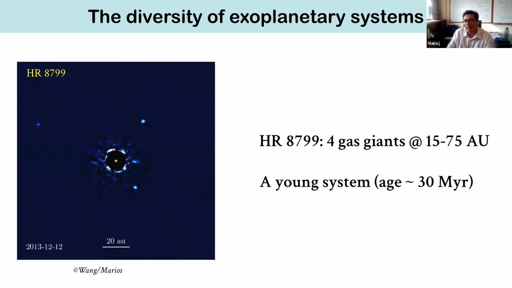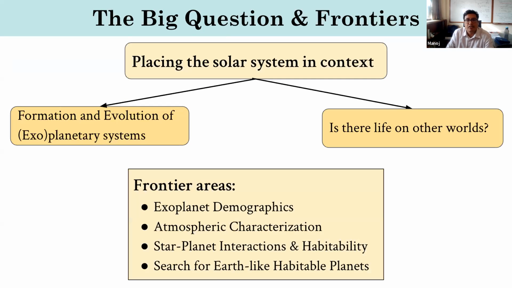So it's quite diverse in terms of planet properties, system architecture, etc. That is what we will see in the demographic study, and I'll highlight some of the results that we have learned from these studies. But before we go there, what are the big questions in exoplanet studies?